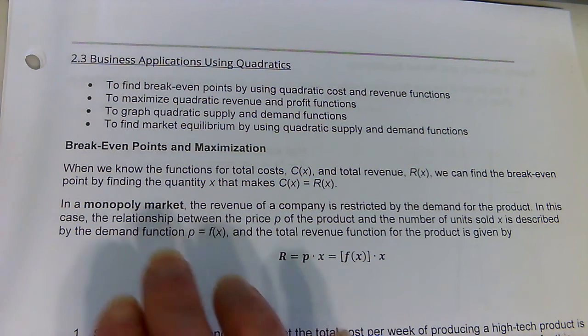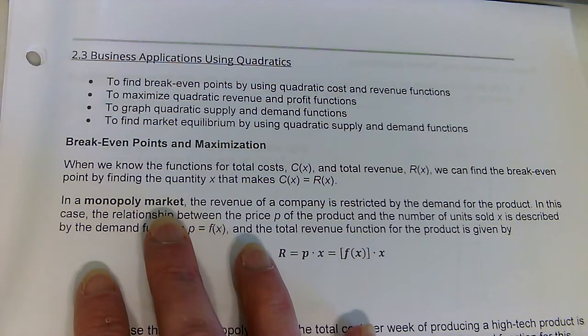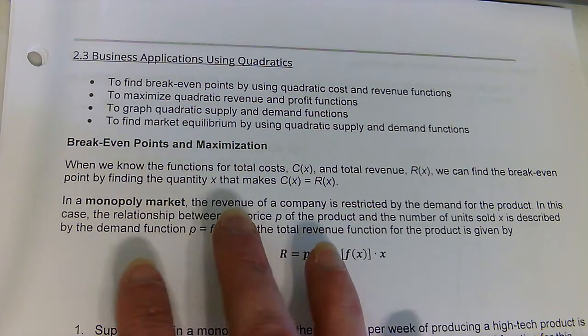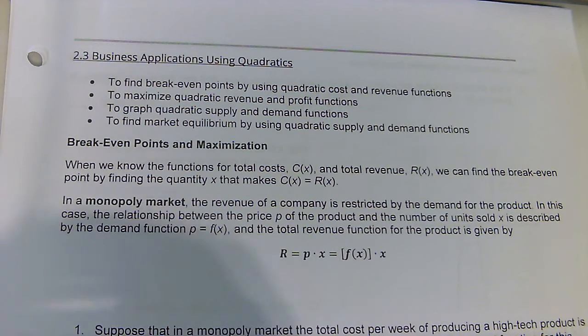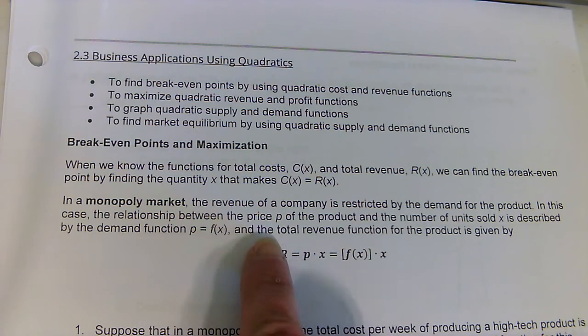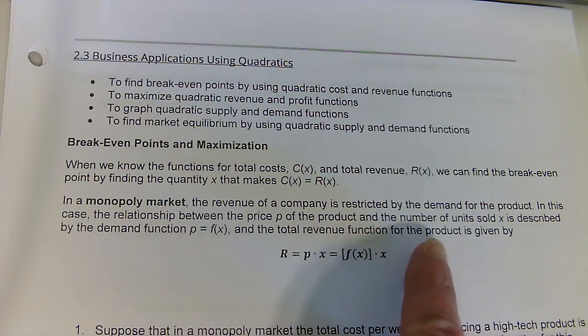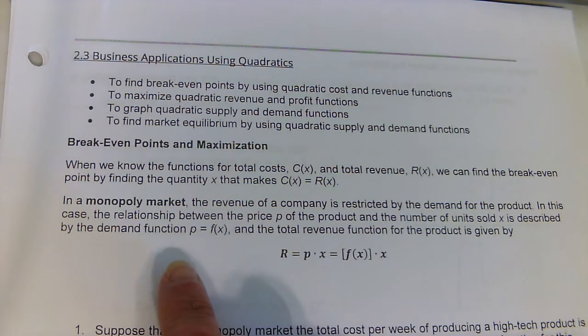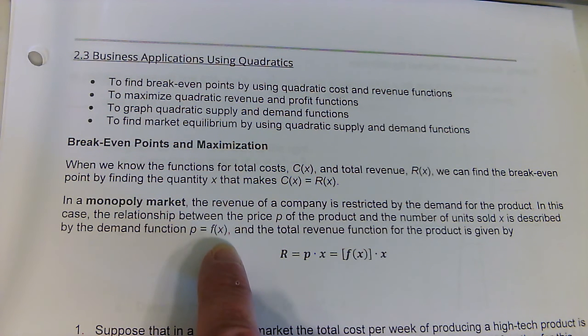One thing we want to bring up is that in a monopoly market, the revenue of a company is restricted by the demand for the product. And that makes sense. In this case, the relationship between the price of the product and the number of units sold is described by the demand function P equals f of x.